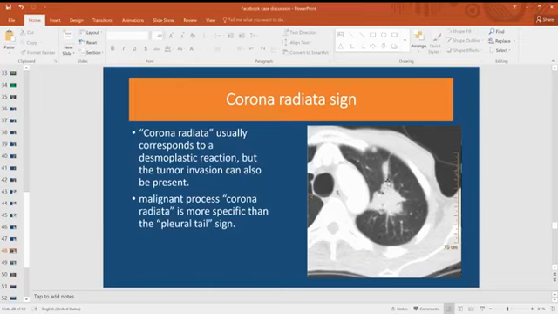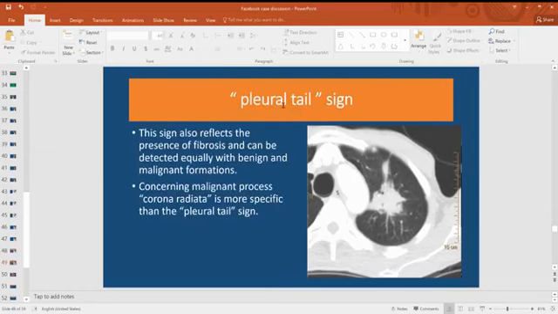But the pleural tail sign is sometimes fibrotic and is not specific for malignancy. It also reflects the presence of fibrosis and can be detected equally in benign and malignant formations. Concerning malignancy, the corona radiata sign is more specific than the pleural tail sign.